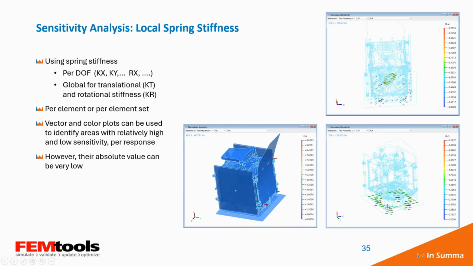For the global mode, it is the connection with the satellite interface with the shaker table, and for the fixed solar panel, we also have high sensitivity for springs connecting it to the satellite box. So this could be a good starting point.